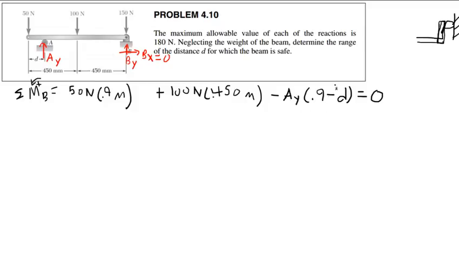We're summing moments about point B. The force itself is AY, the magnitude of the force is AY. The perpendicular distance from here to here is going to be 0.9 meters, which is the distance from here to here, minus d.